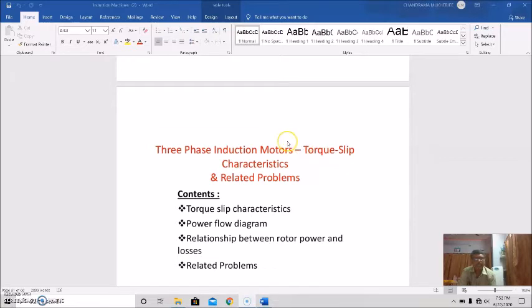Basically, since we came to know the rotor induced EMF, rotor current and rotor power factor at running conditions, we can find out the power of the rotor circuit, and from that the developed torque.